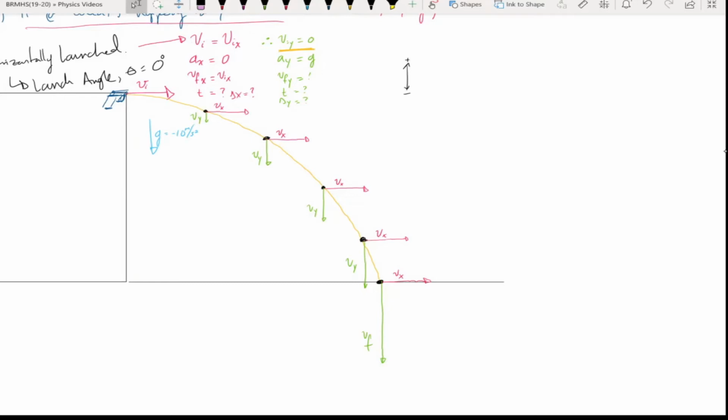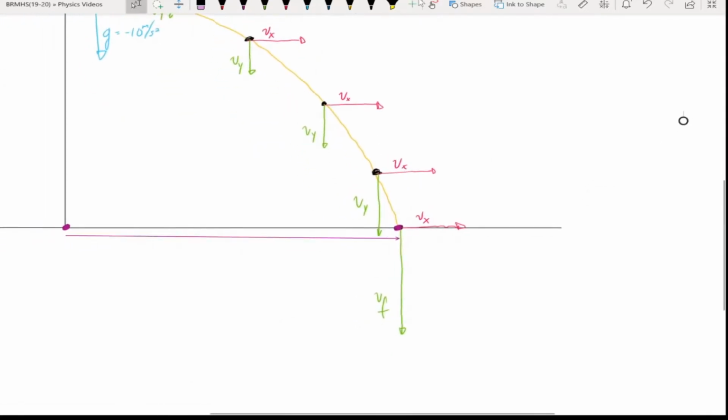I just care about the x values. It started way up here at the top, but horizontally speaking, it doesn't matter whether I mark it up here or down here. I just care about its horizontal change in position. So let me draw an actual arrow. There's the horizontal displacement vector right there. That is not straight enough for me, but that looks better. So that's delta x.